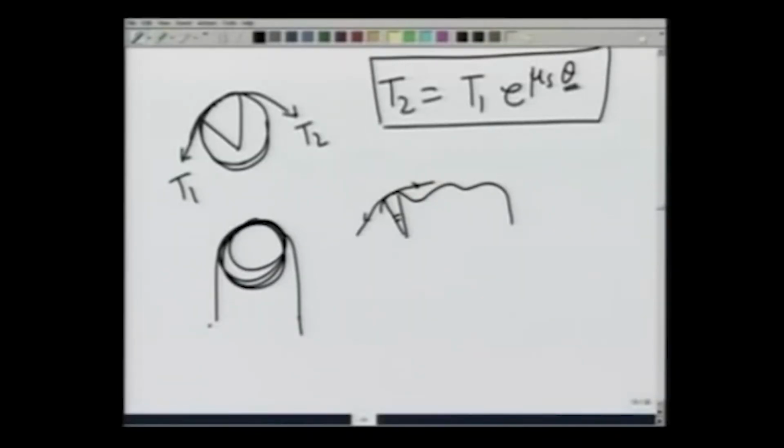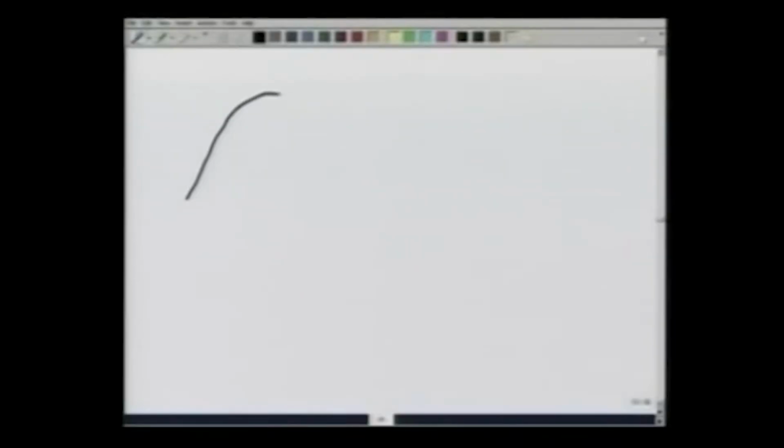Let us now solve one example using this. Let us take a mountaineer who is climbing down a cliff of 60 degrees. His rope is holding here, is making a contact angle of 60 degrees with this mountain cliff.